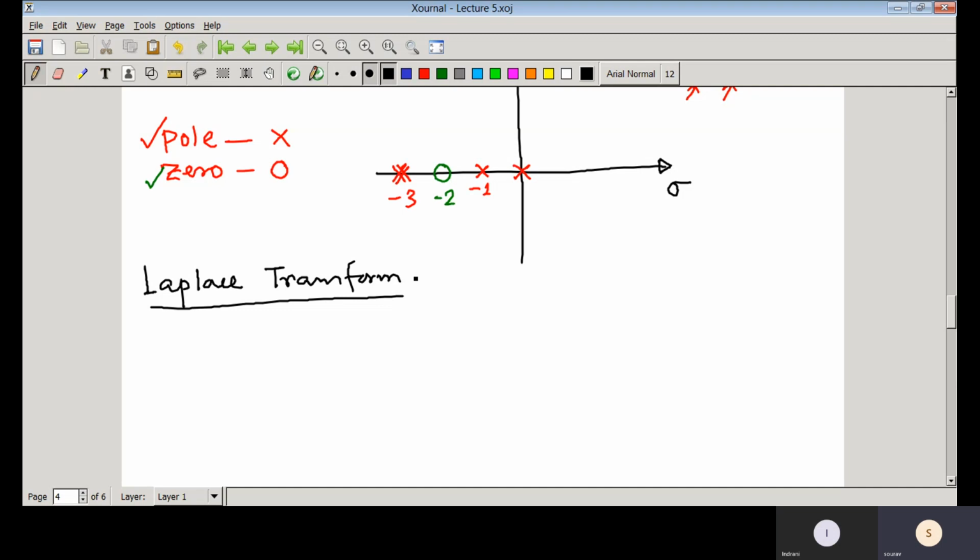So Laplace transform is a transform. Let us first understand what a transform is, and it would be very much clear. That means if you see it in case of, say, logarithm, suppose you have two numbers.